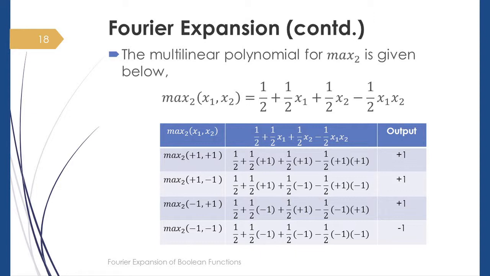It is a straightforward exercise to go through row by row and convince ourselves that the calculations are correct, and the polynomial gives us the output values that are consistent with the definition of max2 for each possible input, and we have 4 inputs.